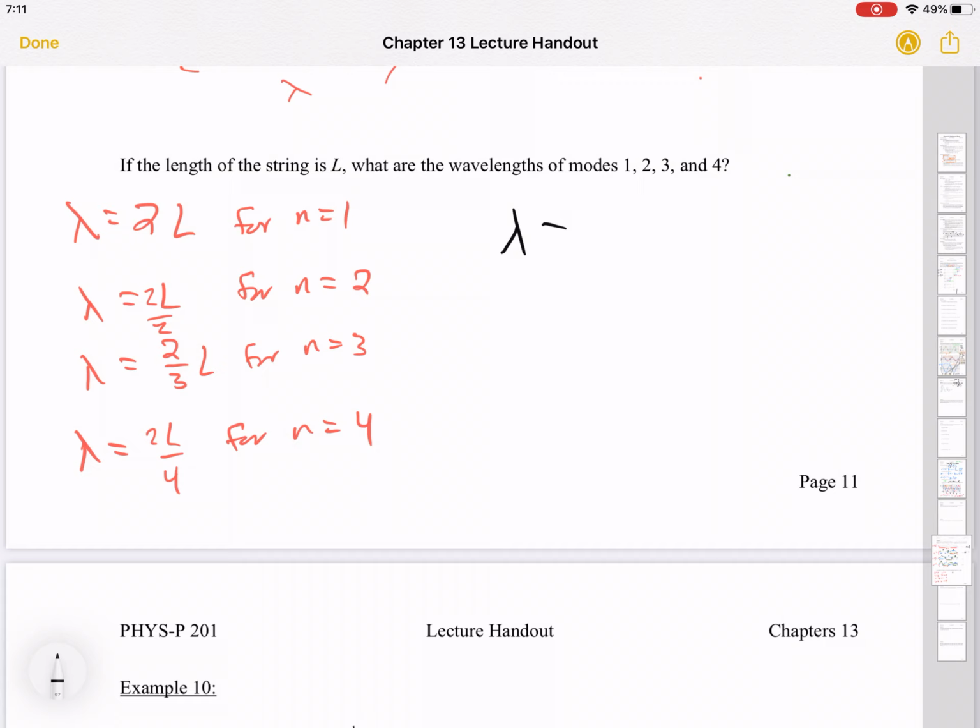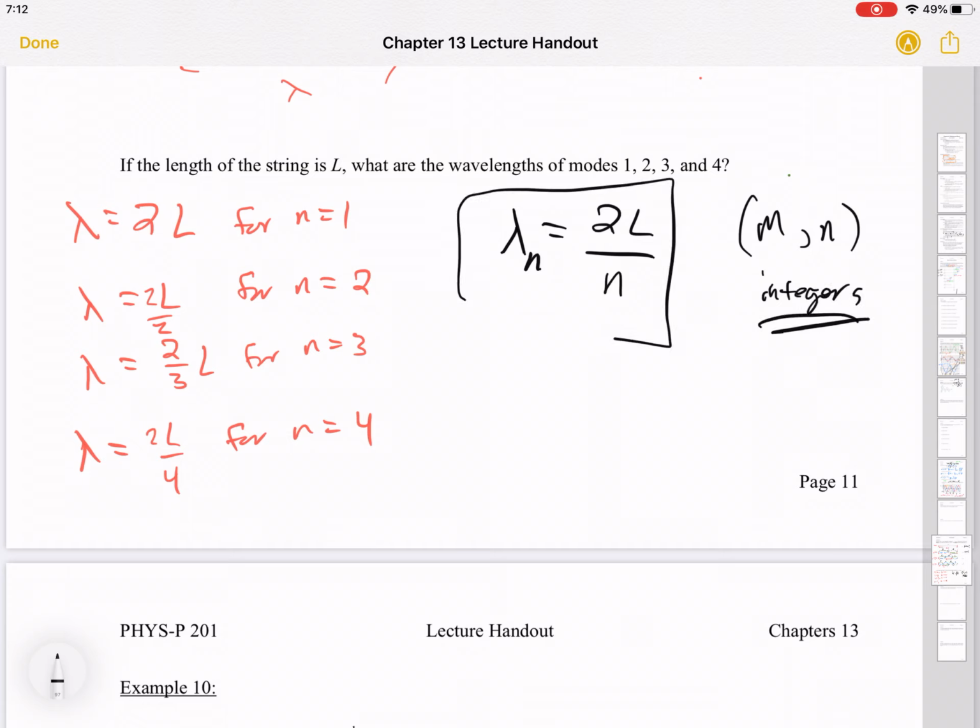Lambda equals 2L divided by the mode, n. So we say lambda sub n. Sometimes I use m for this. It doesn't matter whether you use m or n; they're just integers. So the general rule here is that lambda sub n equals 2L over n.